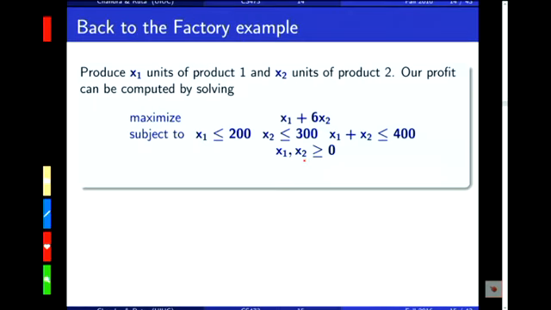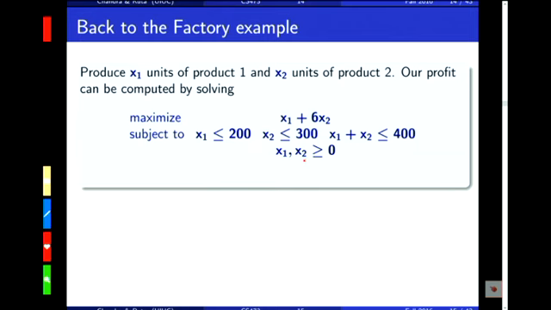Anyway, so much for the Nobel Prize. Let's get back to this factory problem and see how we should solve this in a systematic way, in a way in which we can solve any linear program.